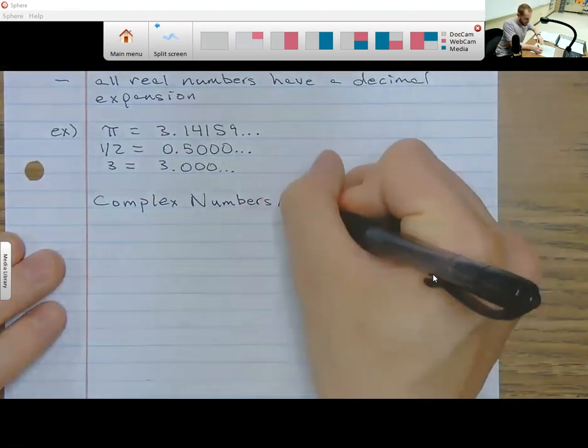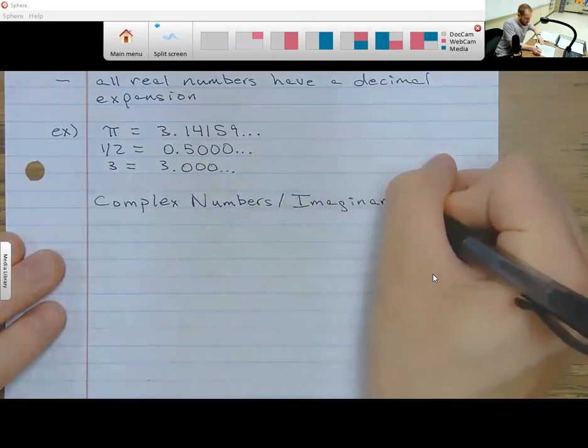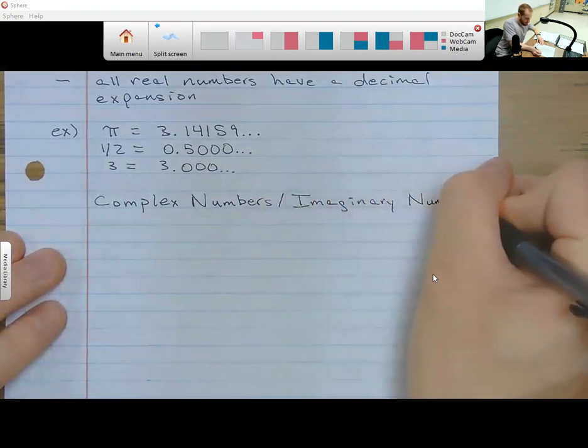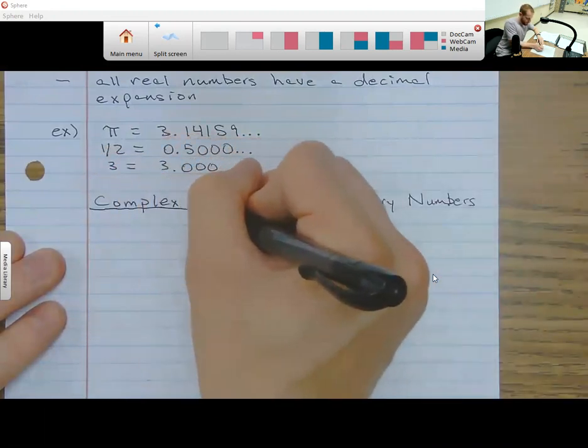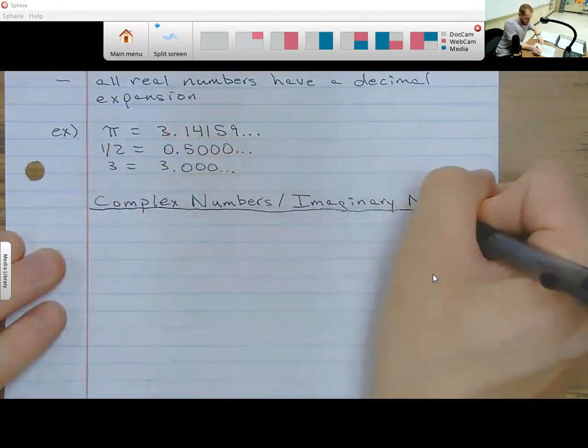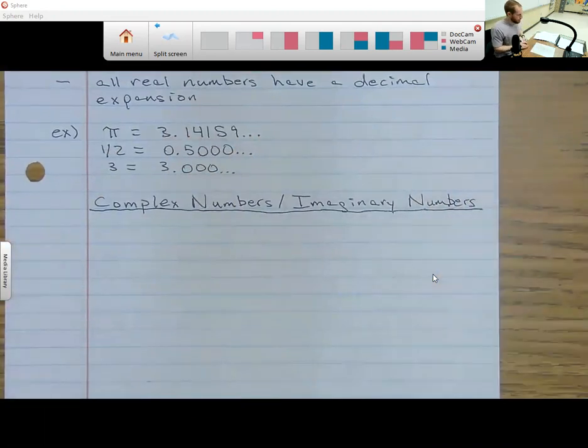So you got real numbers, but you also have imaginary numbers. And we're going to talk about those. Maybe you've heard of these before, maybe you haven't. But Algebra 2 is usually the first class where people learn about complex numbers. Okay? So let's talk about it.